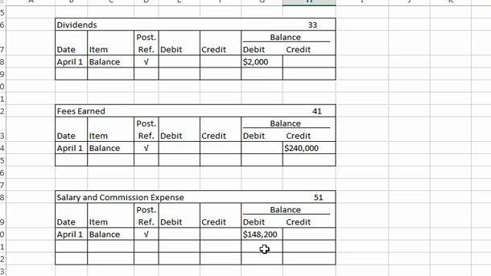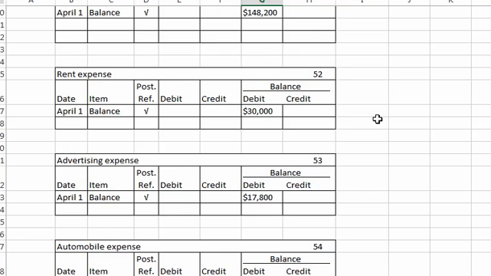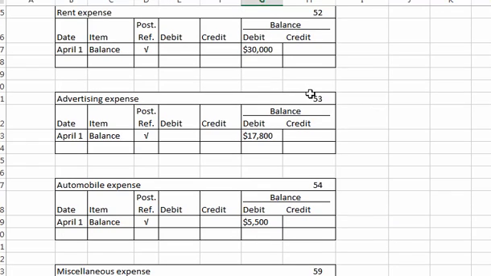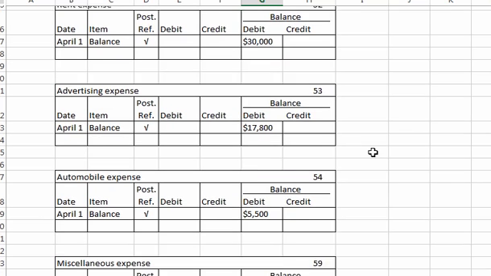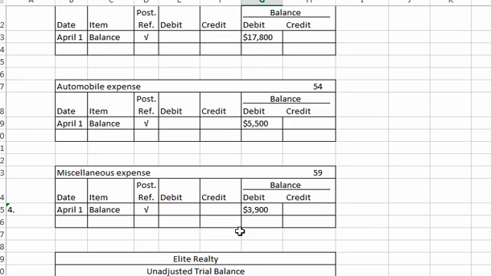Salary and commission expense is $148,200. Rent expense is a beginning debit balance for $30,000. Advertising expense $17,800. Automobile expense $5,500, and miscellaneous expense $3,900.